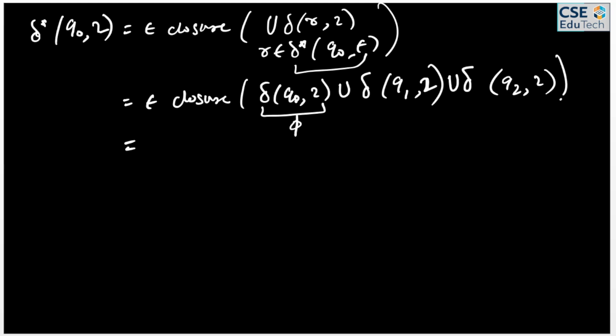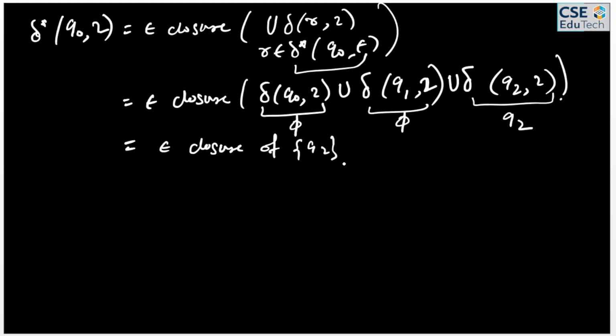From Q1 by taking 2, it will also give empty, and from Q2 it will give Q2. So it gives the epsilon closure of Q2, which returns Q2. Clear? So we have obtained this, and we have to do it for all the states.